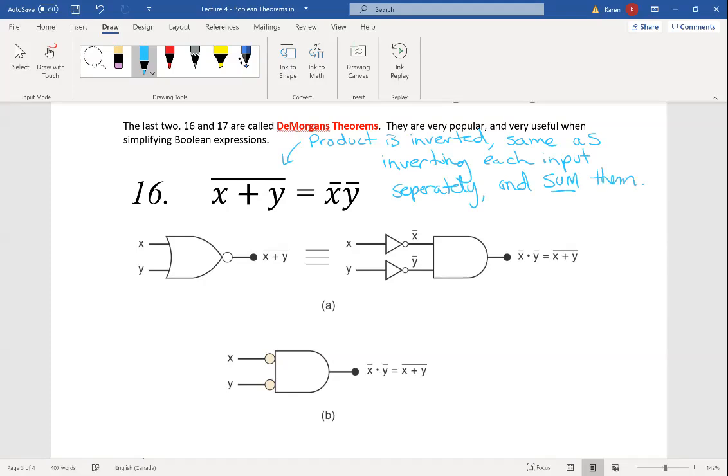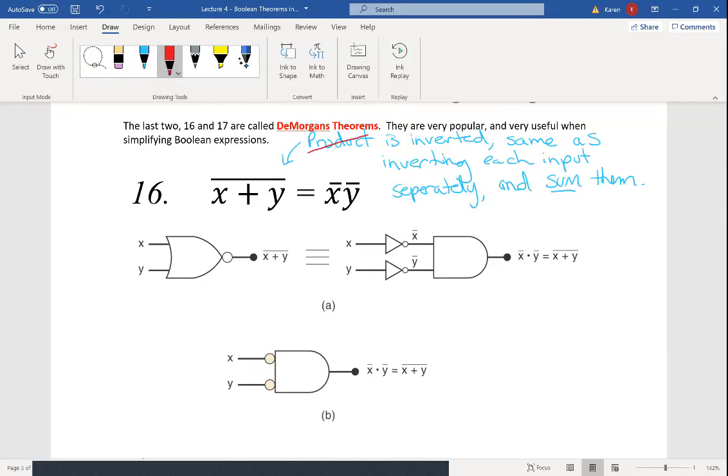Now, we don't say product or sum, because we're not doing multiplication or addition. I'm going to keep it there, actually, product. And I'm just going to remind you that here, OR is inverted. Same as inverting each input separately and ANDing them.